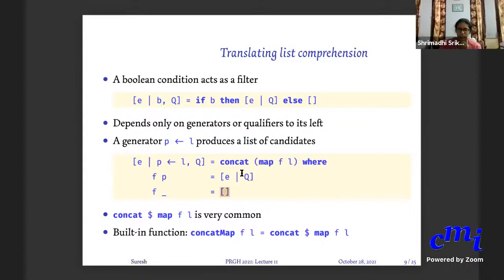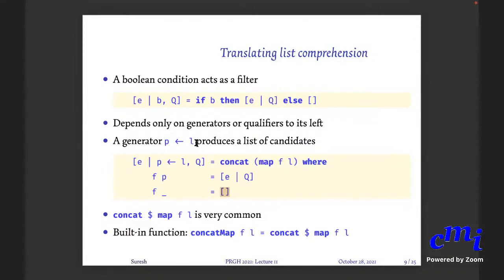So when you take E, it first checks if it belongs to L? No, it doesn't check if it belongs to L. It already belongs to L. You are going to map F on every element in L. Map F L means it maps F to every element of L. What does F do on each element of L?